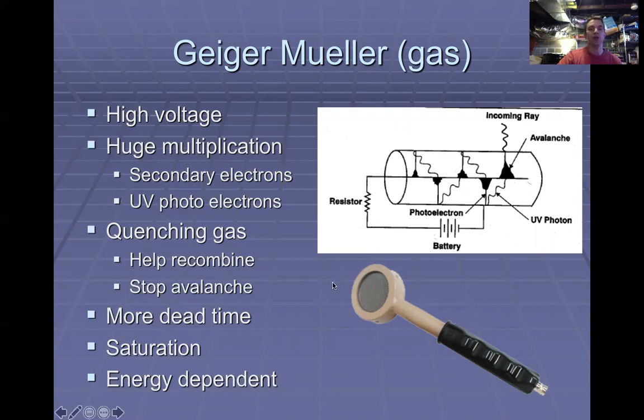Now, GMs suffer from the issue of what's called saturation. And what that means is that we'll start with the dead time. Because every count essentially ionizes the entire volume of the detector for a very brief microsecond, in that period of time the meter is incapable of registering another count, another ionization. So there's what's known as dead time.